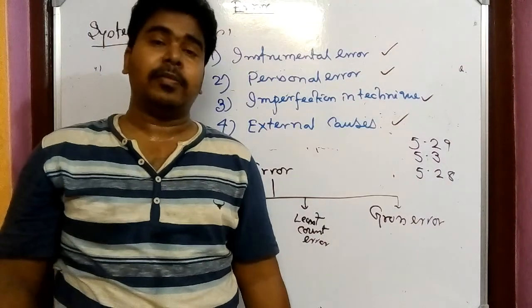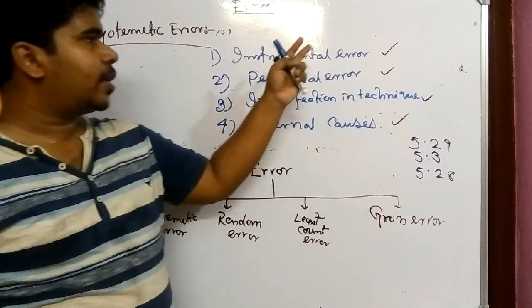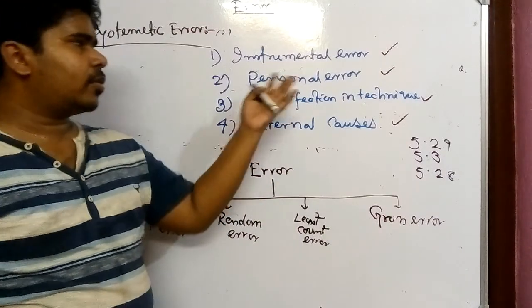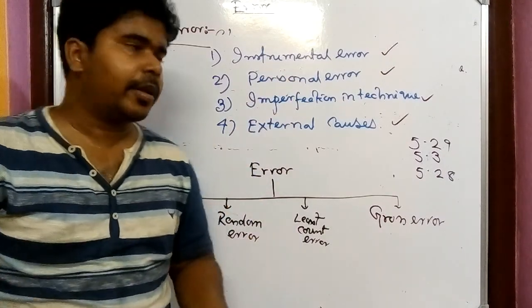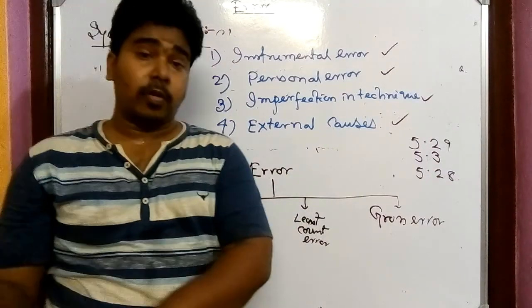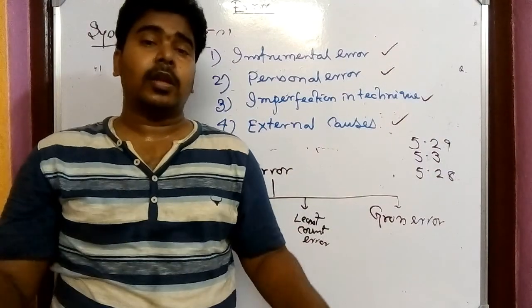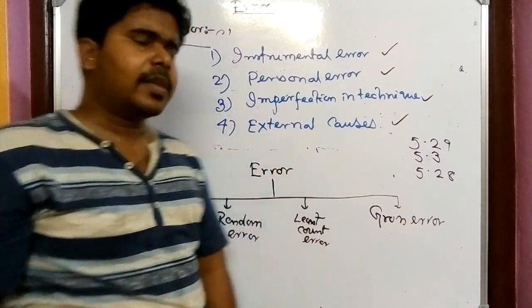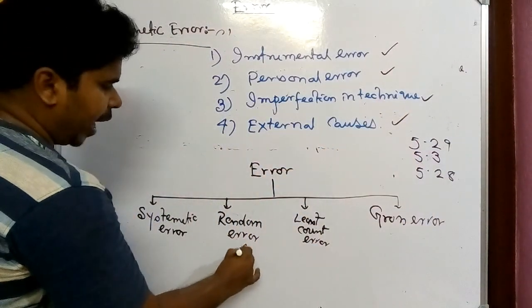You don't know why. You have taken the same instrument, and you are the same person, so I don't think there should be error in you. Technique, you have read it from the book, and external causes, make sure that the external causes are the same, then also the values are different. For that reason, that is known as random error.